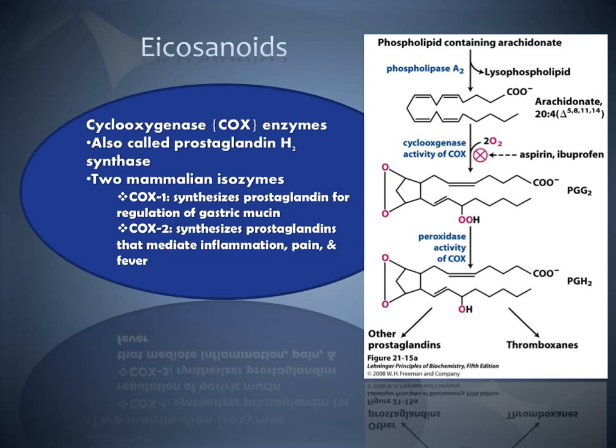Then the way some of these others were made is called rational-based drug design. I wouldn't ask you guys to know that, but it's where scientists did crystal structures and found out what the enzyme for COX-2 looked like and how the substrate binds. So they thought, well, let's make something that looks as much like that substrate as possible, because then our goal is it will only affect COX-2.